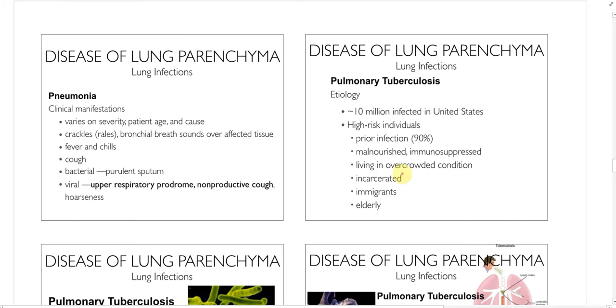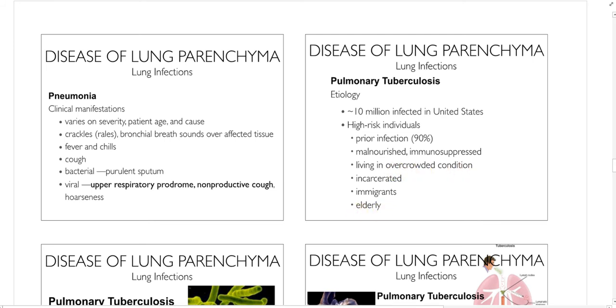Those living in overcrowded conditions are going to be at high risk of simply being exposed, as are those who are incarcerated. Immigrants are going to be living in less secure, less clean conditions on a regular basis, and may also be living in more overcrowded conditions.